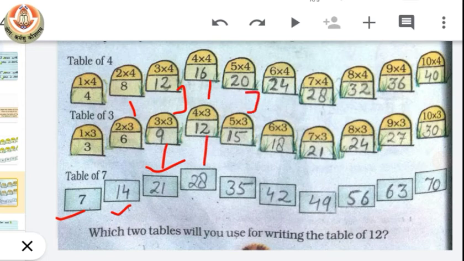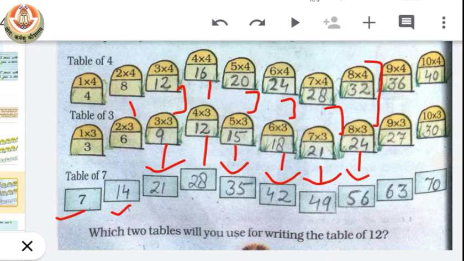Addition of 20 and 15 gives 35. Addition of 24 and 18 gives 42. Addition of 28 and 21 gives 49. And addition of 32 and 24 gives 56. Similarly, addition of 36 and 27 gives 63, and at the end addition of 40 and 30 gives 70.